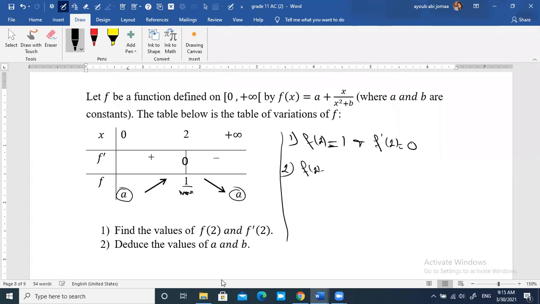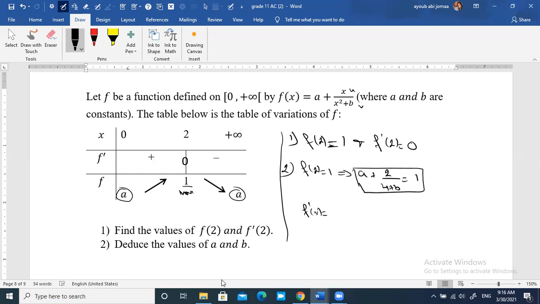Replace f of 2 is equal to 1. This means replace x by 2. So a plus 2 over 4 plus b is equal to 1. Now, f prime of 2: you have to find f prime of x. F prime of x is equal to the derivative of a, which is 0, plus the derivative of x over x squared plus b.